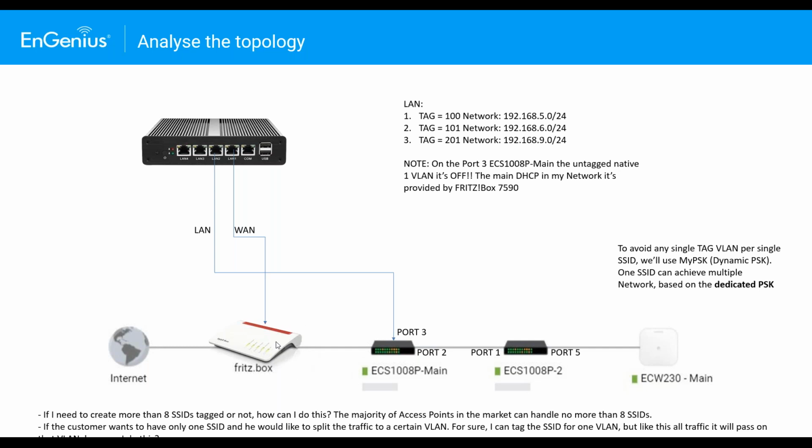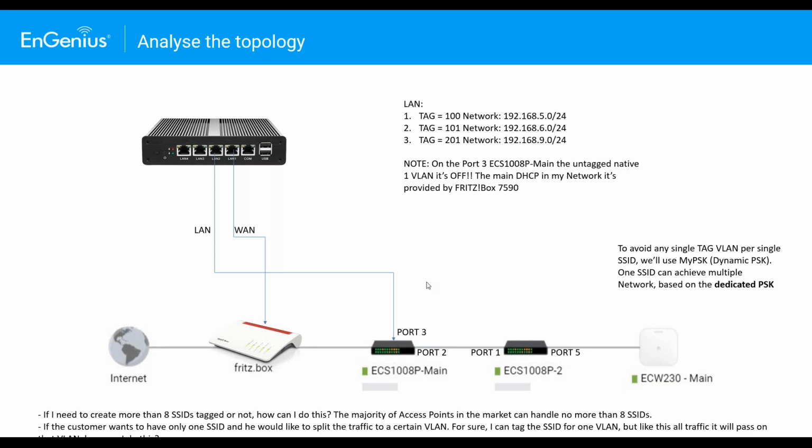The network is 192.168.189.0/24, and this Fritzbox provides DHCP for all of my network: all devices, switch, access point, laptop, etc.